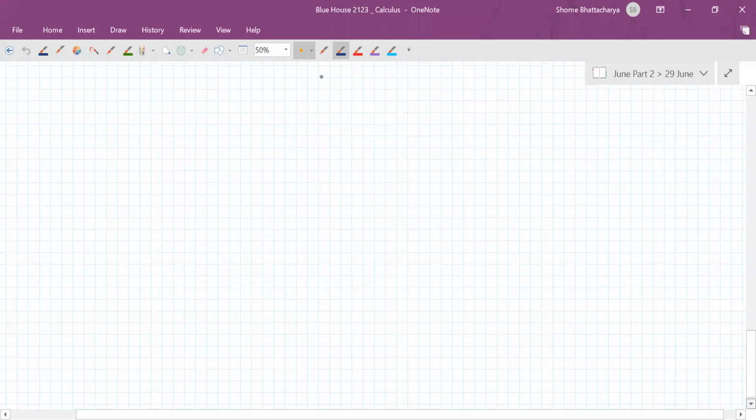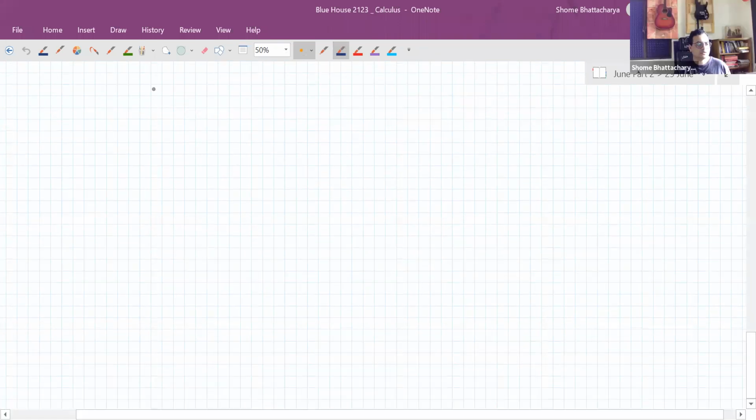In case we have a negative term, we have to treat that negative sign as a constant of -1. Are you understanding the point? So suppose we are integrating -1 by x dx.